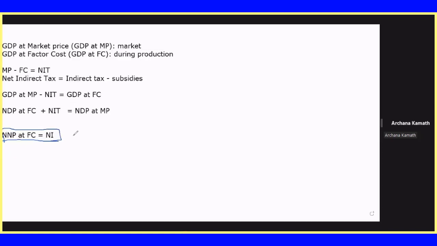You cannot find national income directly. It can be found only with the help of net national product at factor cost. Is this clear?